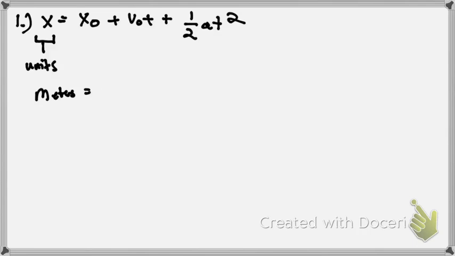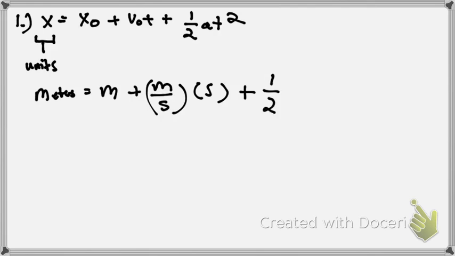So our first answer is in meters, right? Second answer is velocity, which is usually meters per second times seconds, right? And you have 1/2 meters per second squared times seconds squared, right?